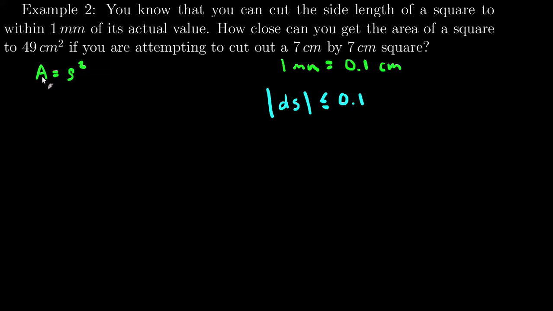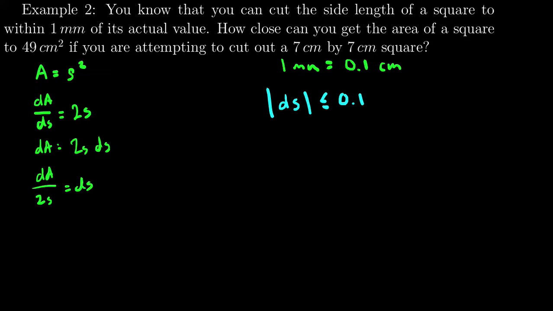I want to find dA, how far off the area is, so I'm going to use a related rate here and say, okay, dA ds equals 2s. I'm going to solve this for dA, so dA equals 2s ds. Divide both sides by 2s, so dA over 2s equals ds.